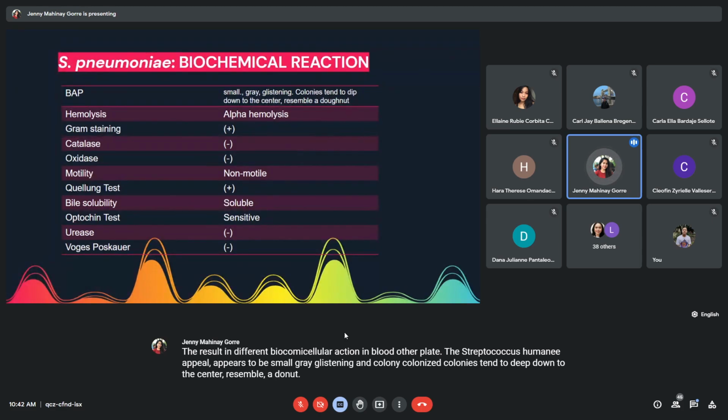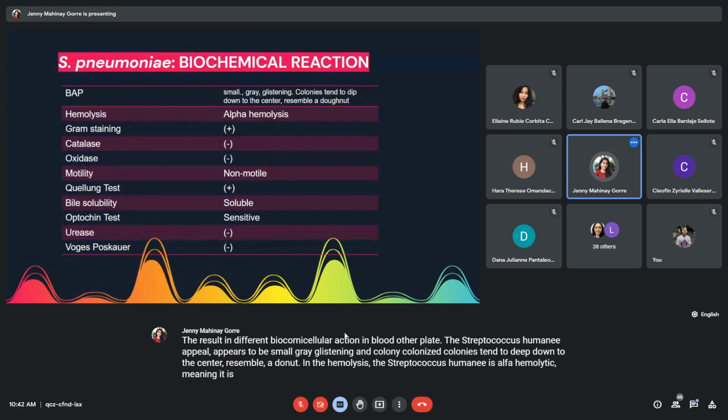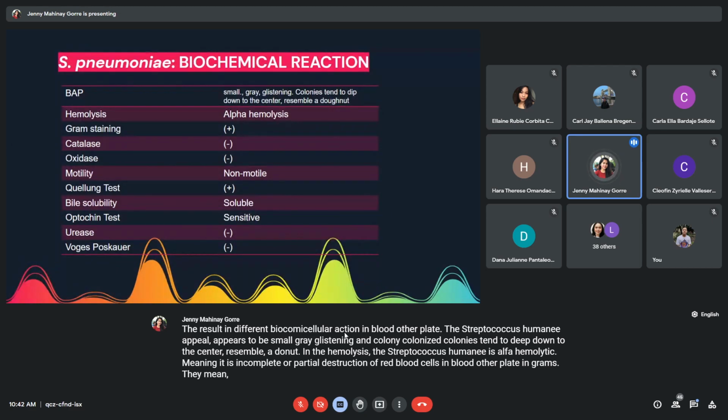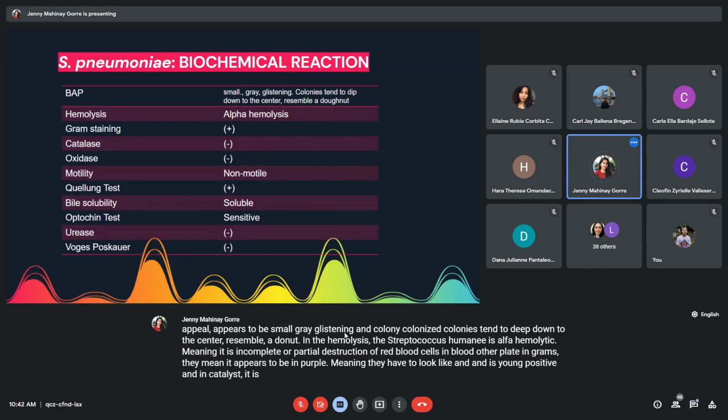In the hemolysis, the Streptococcus pneumoniae is alpha hemolytic, meaning it is incomplete or partial destruction of red blood cells in blood agar plate. In gram staining, it appears purple, meaning they have thick peptidoglycan and is gram positive. And in catalase test, it is negative.